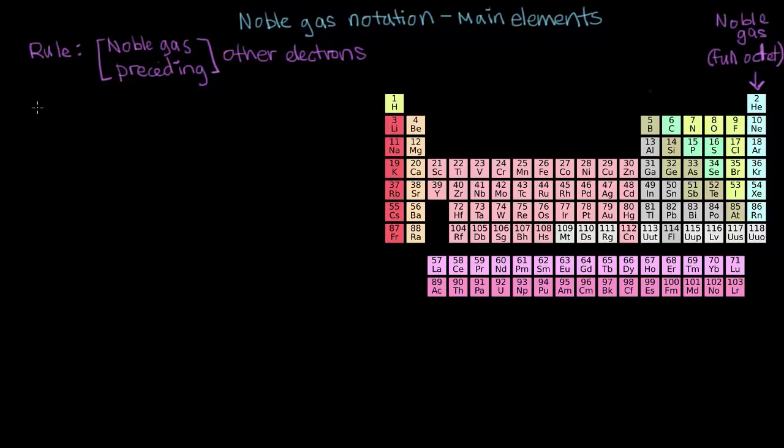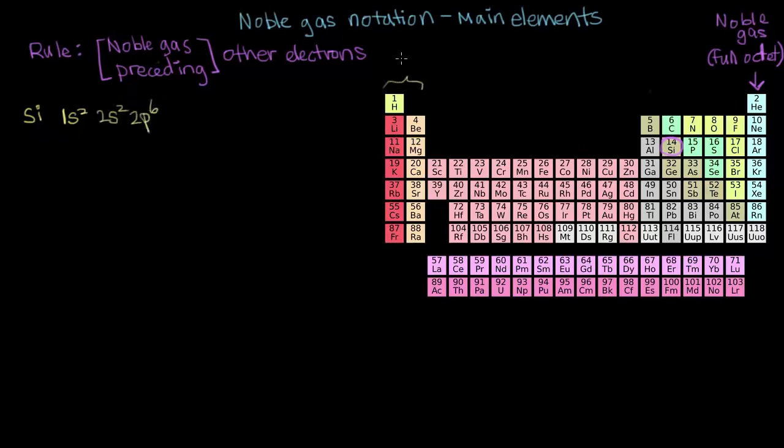The first example we're going to talk about and write the configuration for is silicon. Silicon is right below carbon in the periodic table, and we can write its full electron configuration just for comparison. If we start up here with hydrogen, silicon has the electron configuration 1s2, 2s2, 2p6.